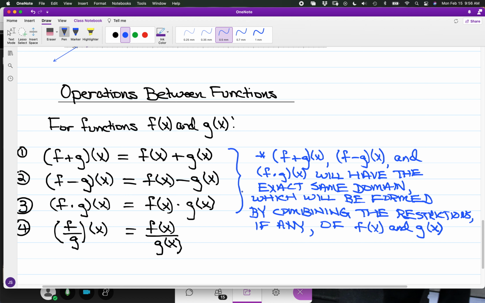So the sum, difference, and product functions all have the exact same domain.